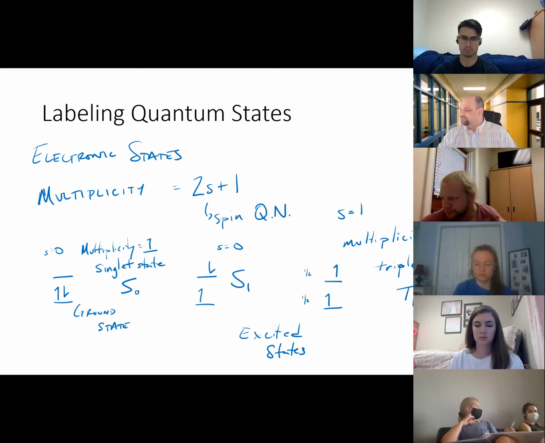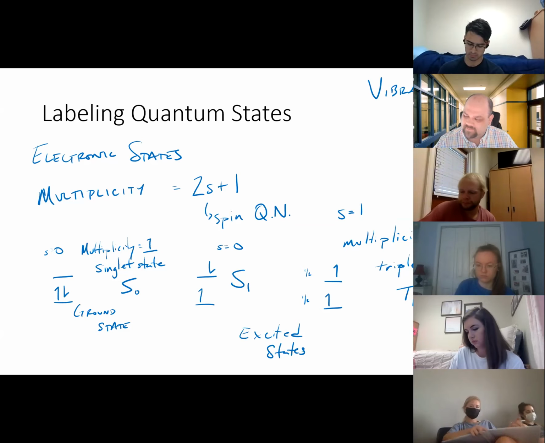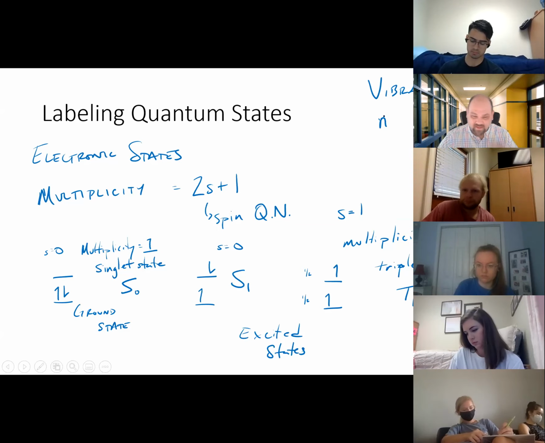All right. The other thing that I just want to say really quickly is that for vibrational states, our textbook uses n, lowercase n. That's real weird to me.